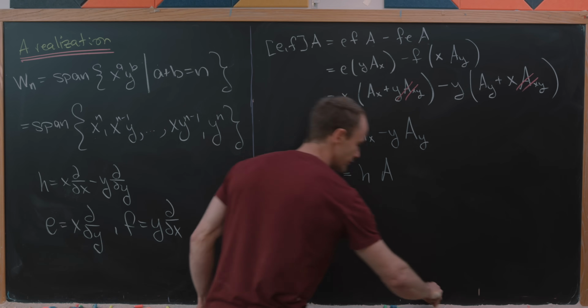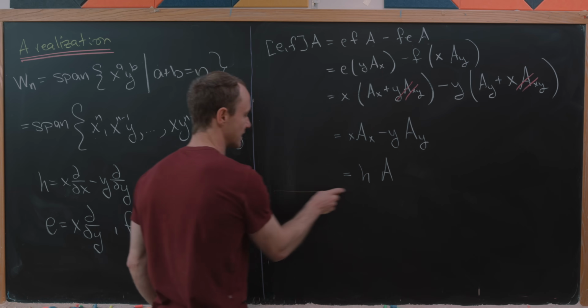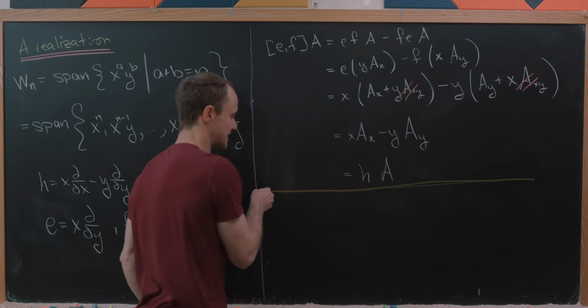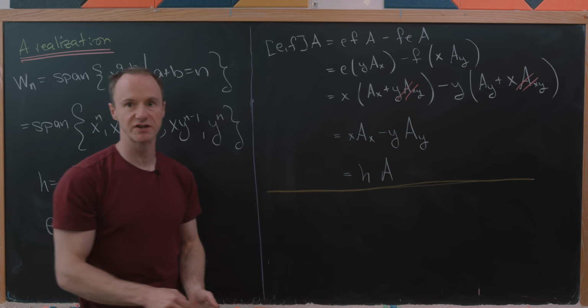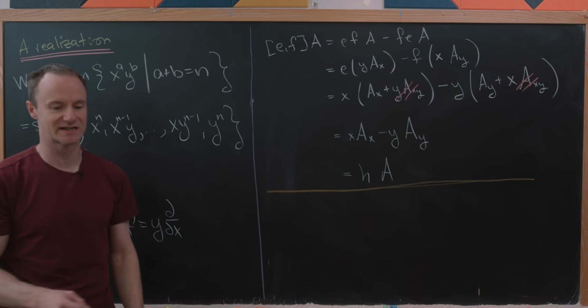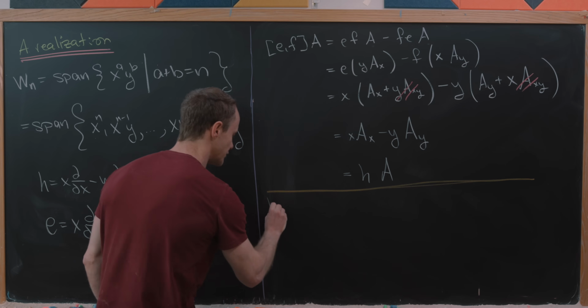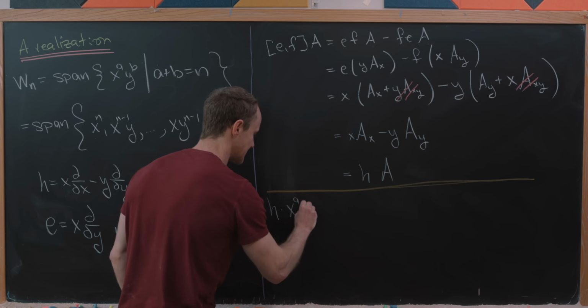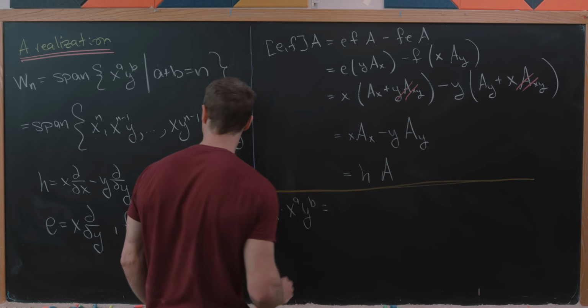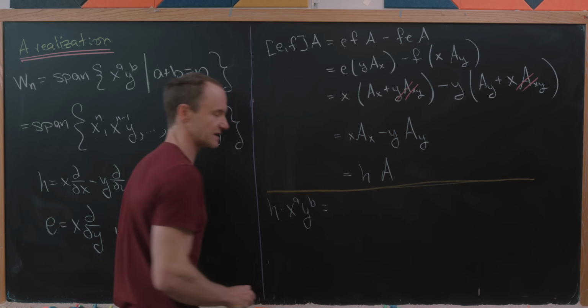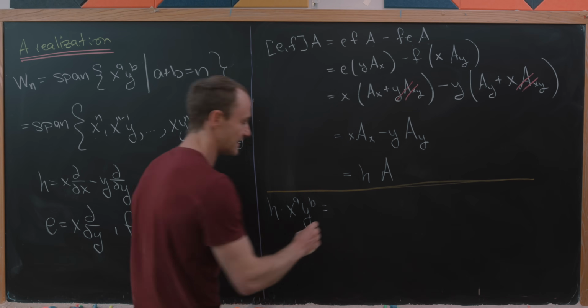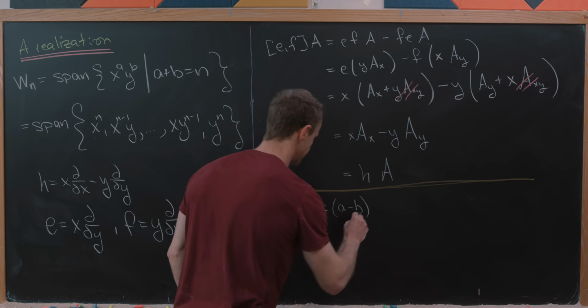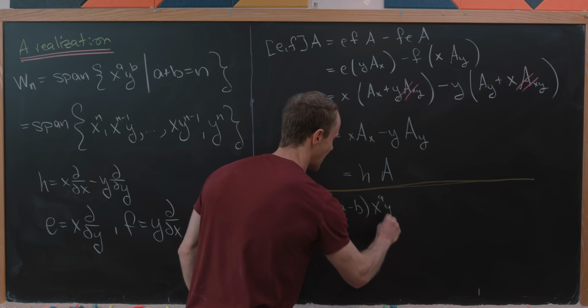And then you can do some other sample calculations to convince yourself that this is a realization of the same representation that we just hinted at. Let's say we do h acting on x to the a, y to the b. Well, just by taking derivatives, it's pretty easy to see that this is going to be a minus b times x to the a, y to the b.